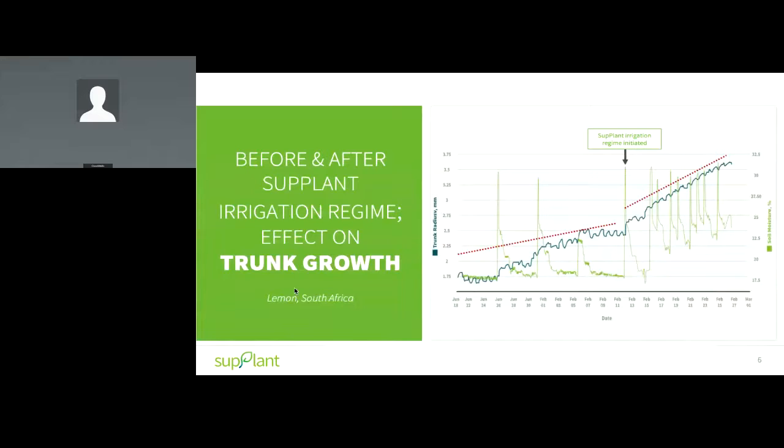For example, this data derived from lemon trees in South Africa. We can see the blue line stands for the trunk daily contraction and growth. You can see the first half of the season using the farmer regime, and you can see the green line for the soil moisture.